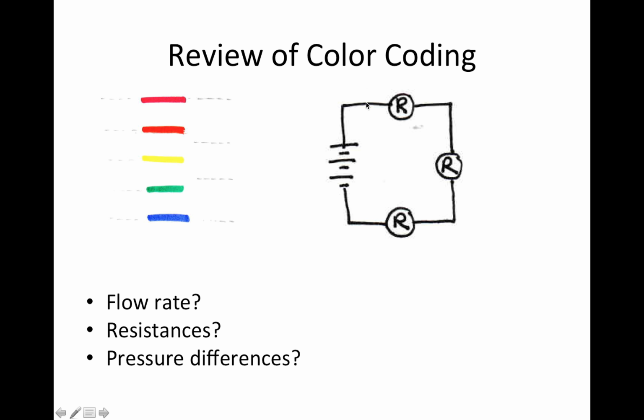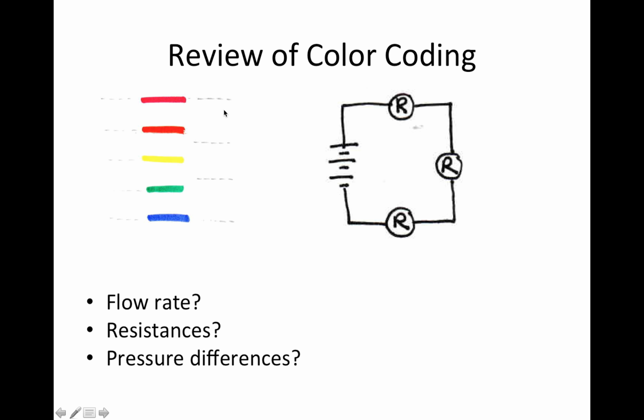That means we need 3 equal pressure differences. One here, and one here. Looking at our colors, if we use red, orange, yellow, and green, that gives us 3 equal pressure differences, but it doesn't get us from high pressure to low pressure, which is what we have to have. This wire has to be red, and this wire has to be blue.